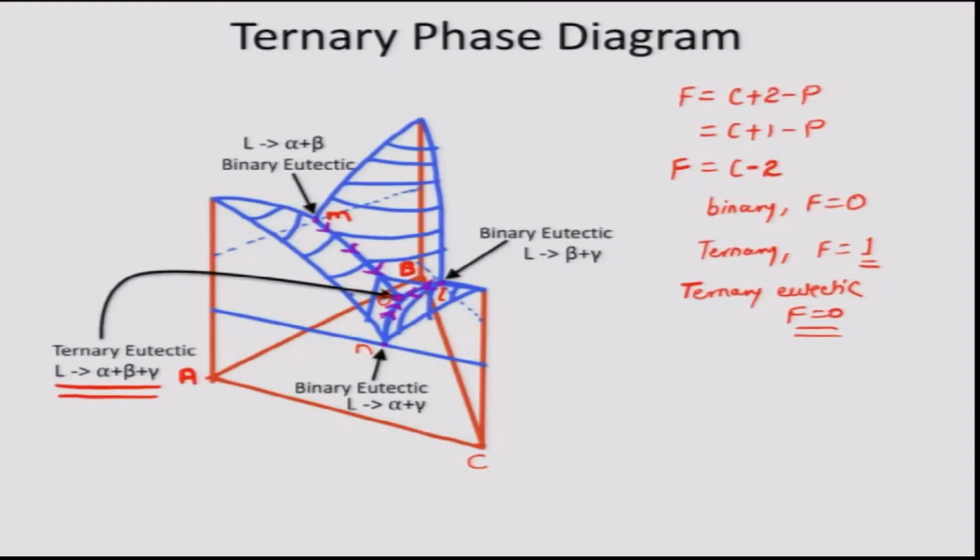However, for this class we are not interested in studying ternary phase diagrams in depth, but only in knowing how to read ternary isotherms, so that we can use it later on when we study multiphase diffusion. So, I would now briefly introduce you to how to read ternary isotherms.